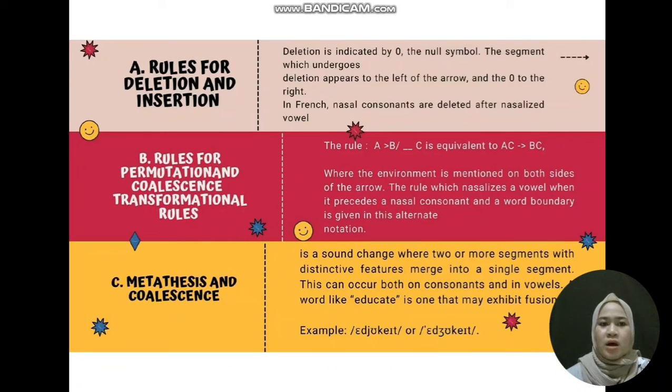Rules for deletion and insertion. Deletion is indicated by the null symbol, and where the environment is mentioned on both sides of the arrow. Metathesis and coalescence is a sound change where two or more segments with a distinctive feature merge into a single segment.